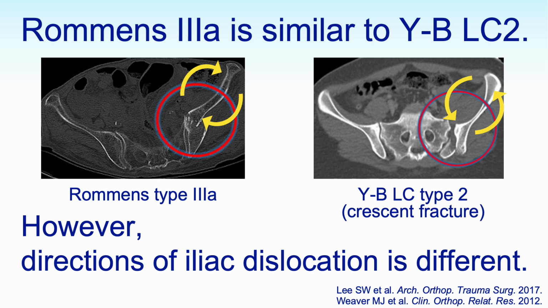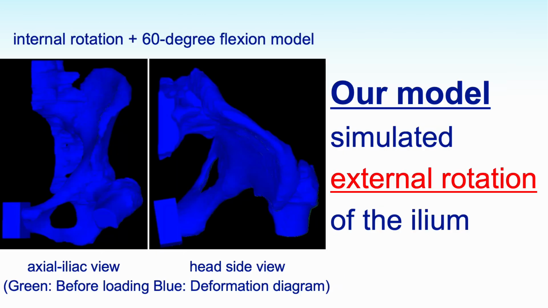However, in Rommens type 3A, the ilium is externally rotated, while in LC type 2, it is internally rotated. The mechanism of this difference is not clear, and no previous studies have simulated it. Our models were able to simulate external rotation of the iliac wing.